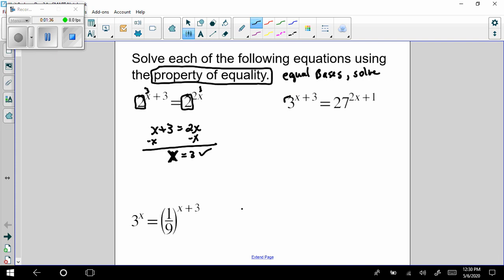Okay, so on this one, I have a base of 3 and a base of 27. So I need to change this base 27 to base 3. Then I can apply my property of equality. So this side's not going to change. My 27 is going to go 3, oops, sorry about that, 3 to the 3rd.